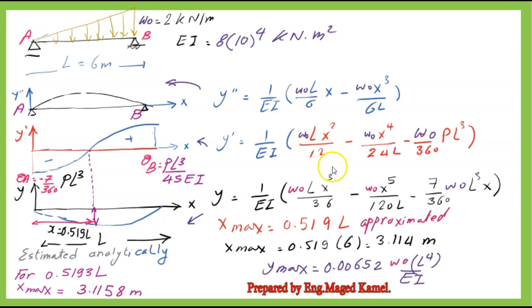The second equation is y dash, which is equal to 1 over EI multiplied by W naught L x squared divided by 12 minus W naught x to the 4 divided by 24L minus W naught L cubed divided by 360.